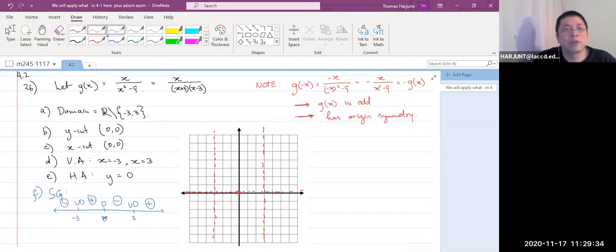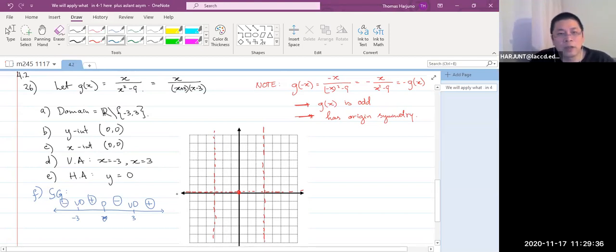It means from very, very far on the left-hand side, even though we start from the horizontal asymptote, we know it will go down. Why? Because it's below the x-axis. It's negative, right? On -infinity to -3, it's below the x-axis.